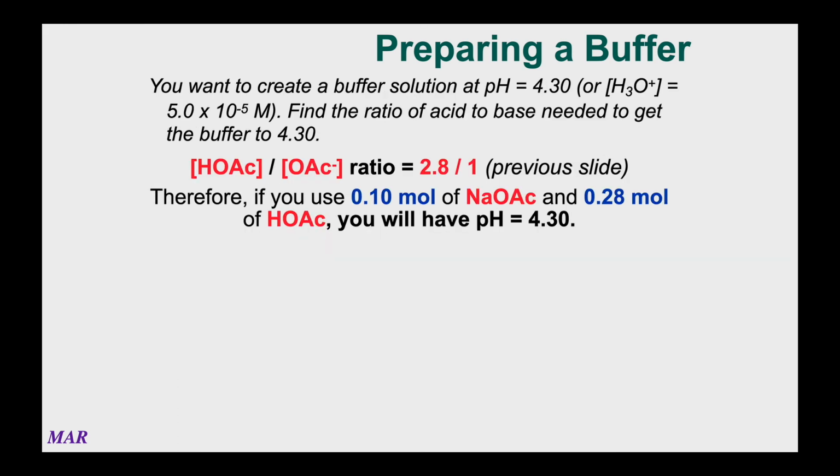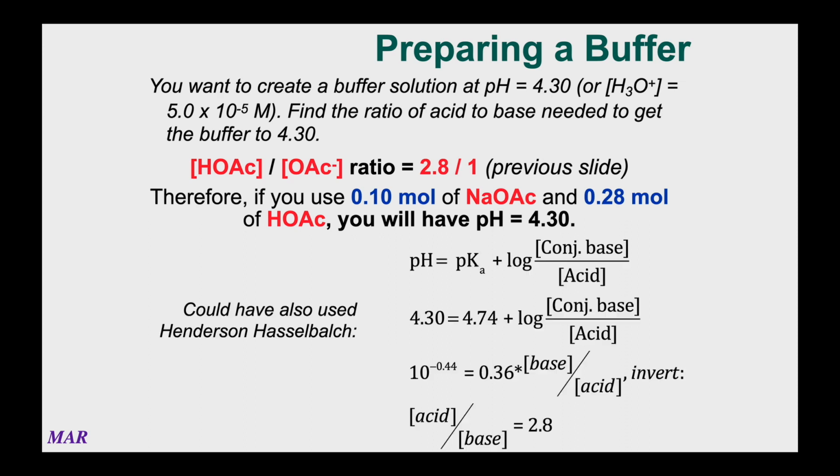On the last slide, we saw that the ratio had to be 2.8 moles of acid for every 1 mole of base. So if we had, say, 0.10 moles of sodium acetate, we would need 2.8 times that number, or 0.28 moles of acetic acid, and that would give us our desired 4.30 pH. This is the way you do it with the Henderson-Hasselbalch, and again, either way you want to do it is totally fine.